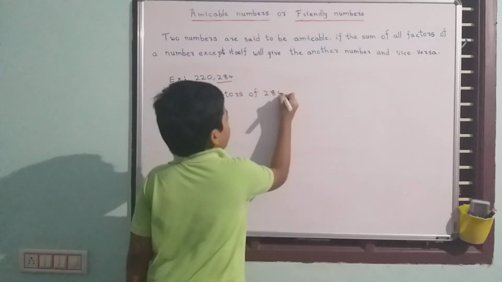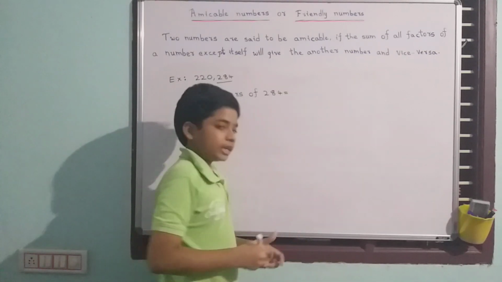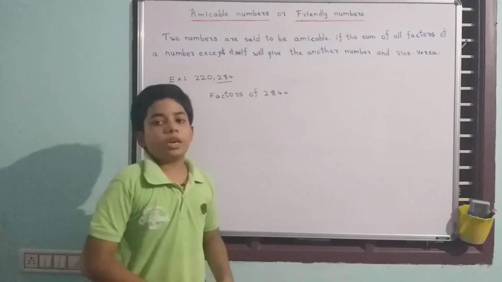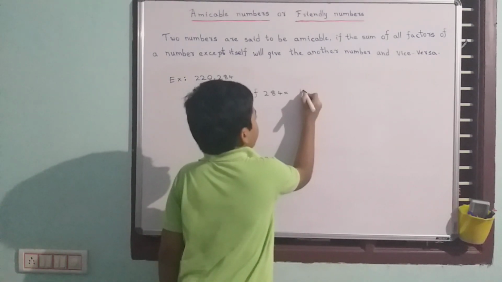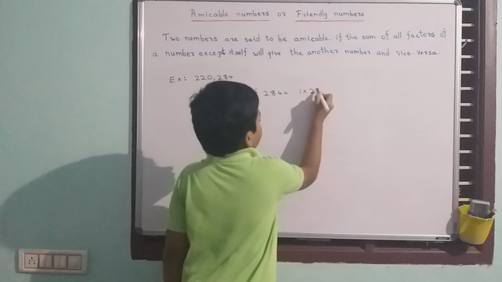Let us check with 1. 1 is a factor of 284. 1 times 284 is 284.